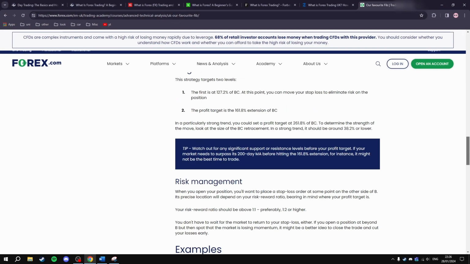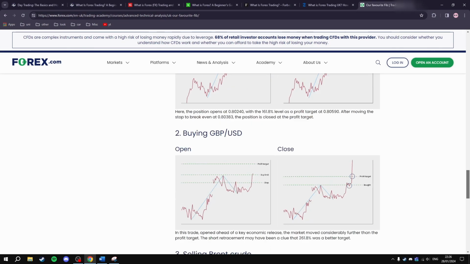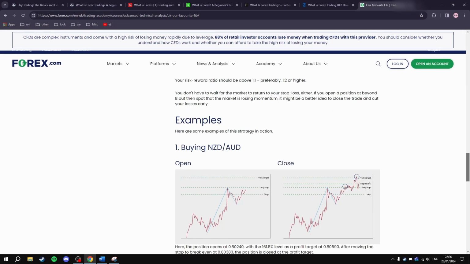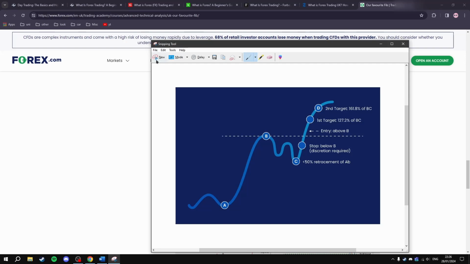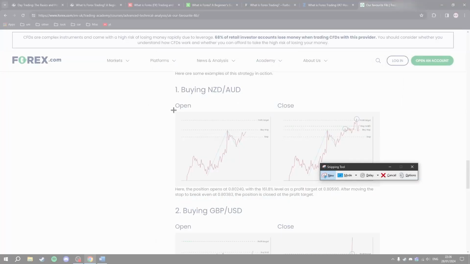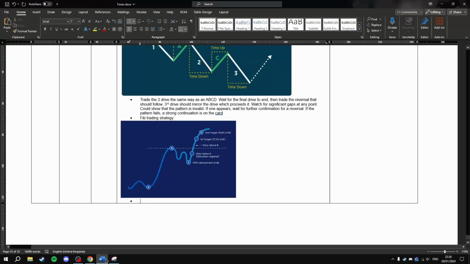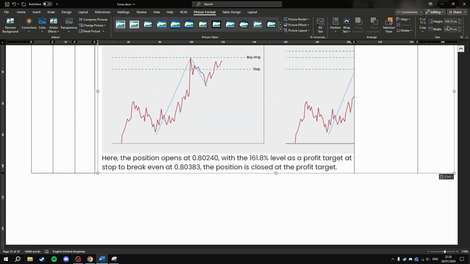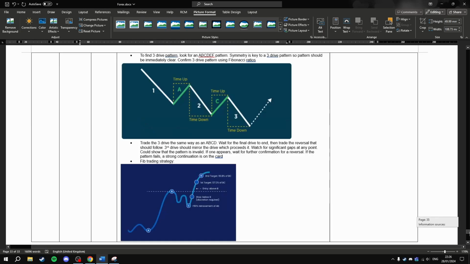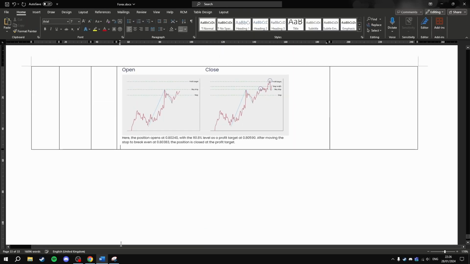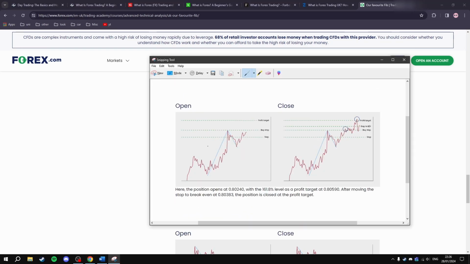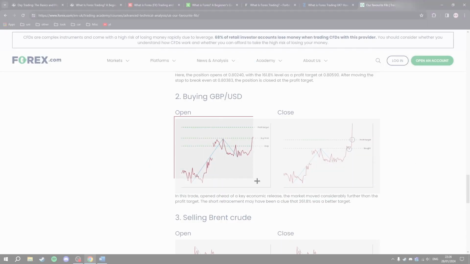And then we can include some of these examples. I think that will better show what happens. So here, take that. And then we can also take this, another buy example.